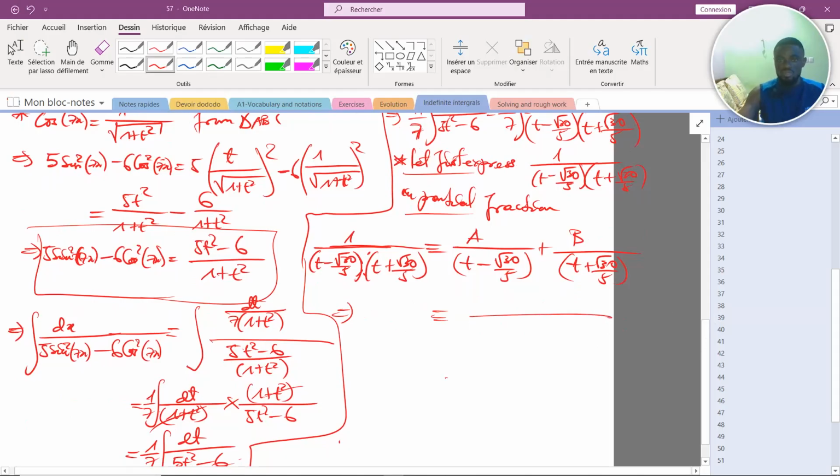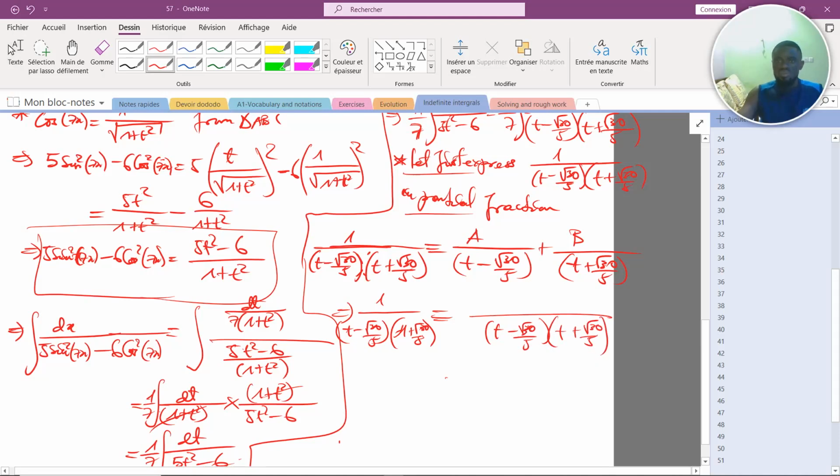So it implies, I'll look for the LCM. So let me copy back this 1 all over t minus root 30 on 5 into t plus root 30 on 5 must be identical to the LCM, which must be the same as the LCM here: t minus root 30 on 5 into t plus root 30 on 5.